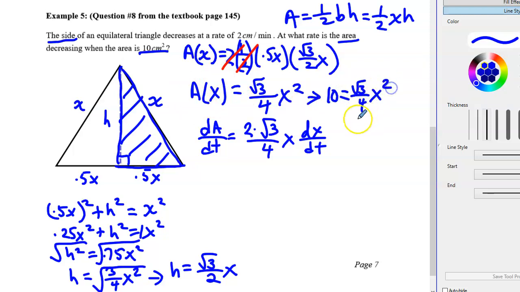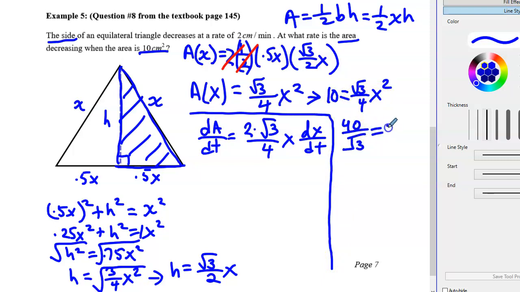and solve for x. Okay, so sorry, this might get a little bit messy here, so I'll just box this off for now. So from here, I'm going to get 40 over root 3 equals x squared. And then I'll get 40 over root 3 square rooted equals x.